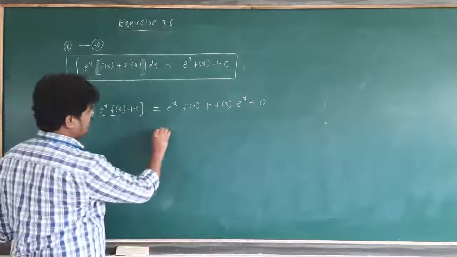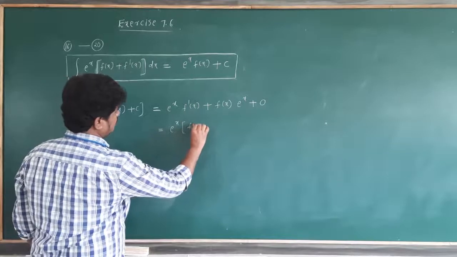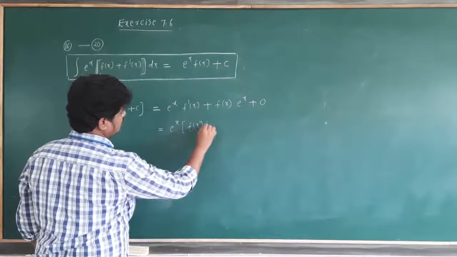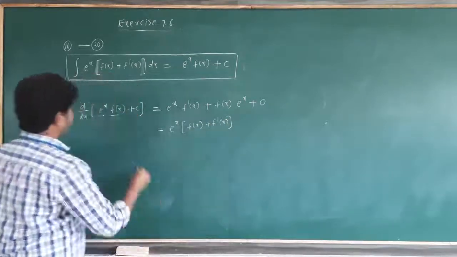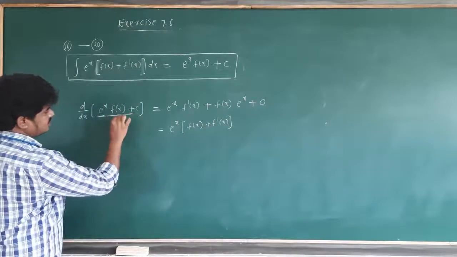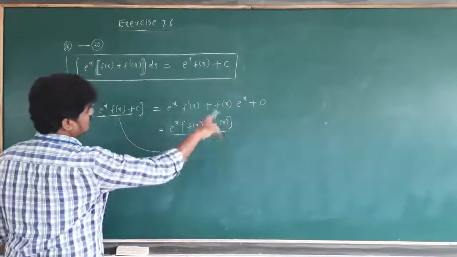So what we can write? By taking e power x common, you have e power x into f of x plus f dash of x. The derivative of this one is this one. Reversely, the integral of this one is this one.